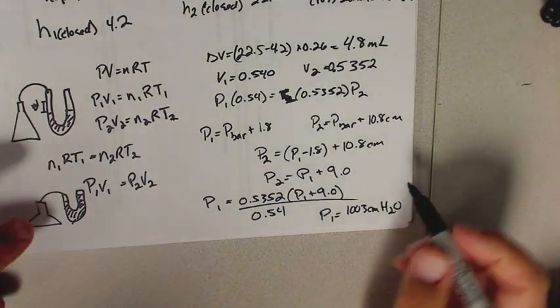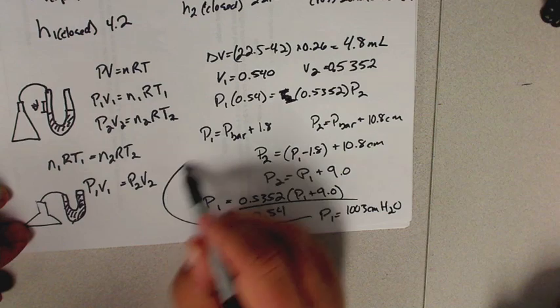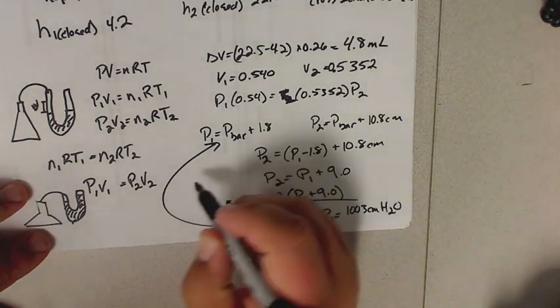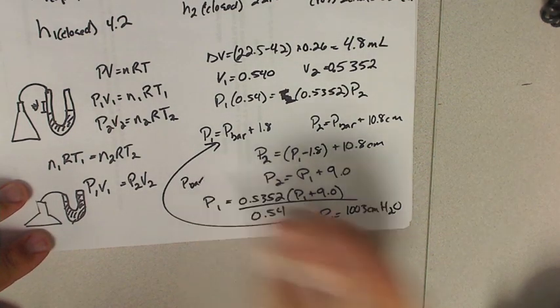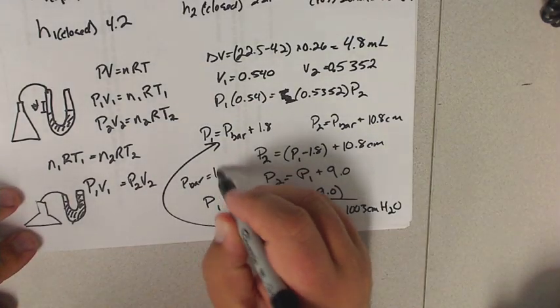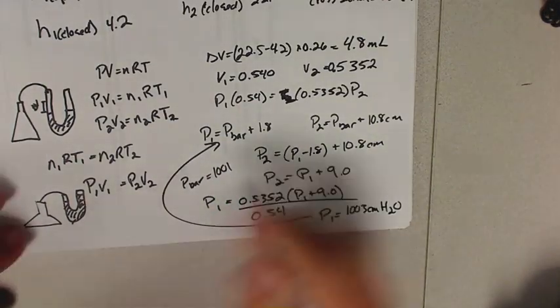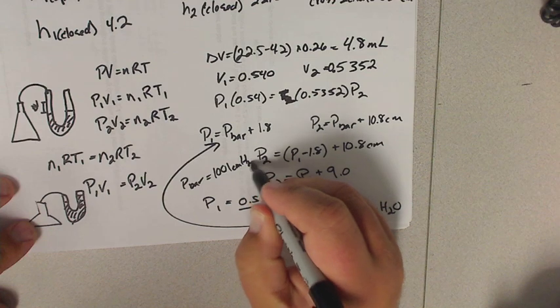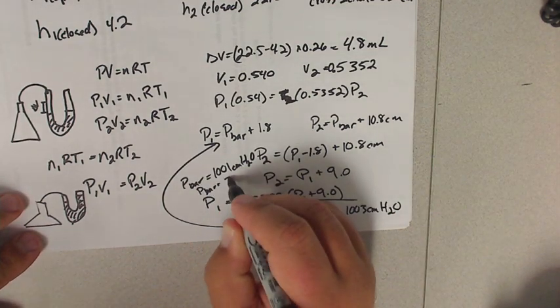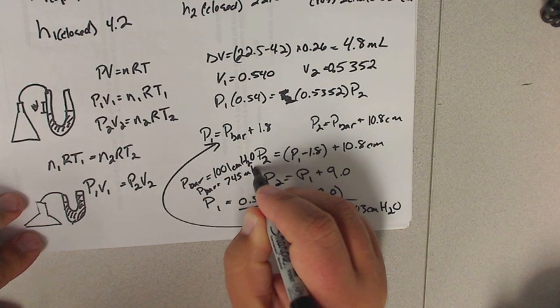Now we substitute this back in, which means P bar would be whatever this is minus 1.8. If you consider significant figures, that's 1,001 centimeters of H2O, which you convert with 13.7, and you get P bar in this case equals 745 millimeters of mercury.